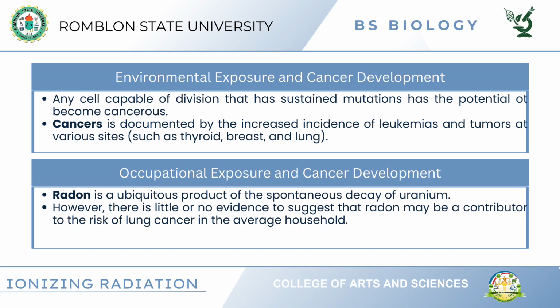So, these radon decay products ay mayroong short half-lives, meaning they decay quickly. Mabilis yung pag-decay nila, and can also emit a lot of radiation in a short period, which also increases the potential for damage. So, kung yung radon daughters na polonium-214 and polonium-218 ay na-inhaled, they will be trapped in the lungs. And over time, yung radiation na nai-emit nila can damage lung cells and can also increase the risk of developing lung cancers.